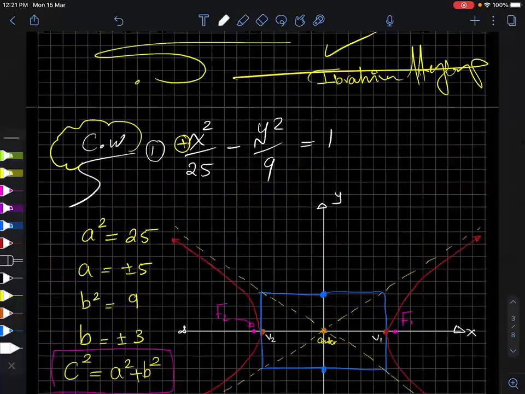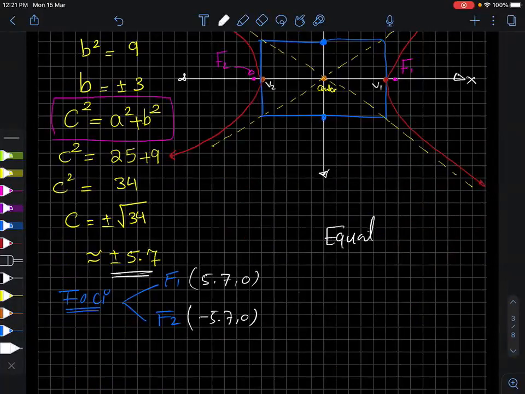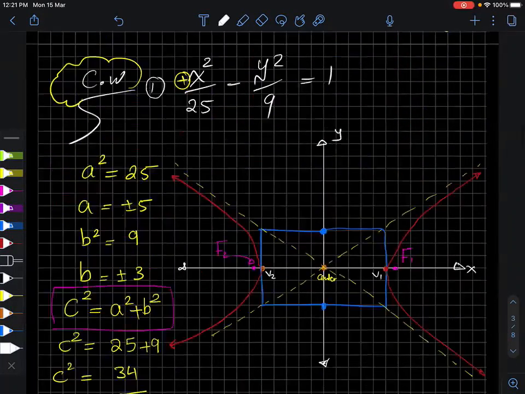Equation of asymptotes. We don't forget them. Equation of asymptotes are y equals plus minus. Since my x squared comes first and it has a positive sign, it's b over a, because the slope of this yellow line is b over a.